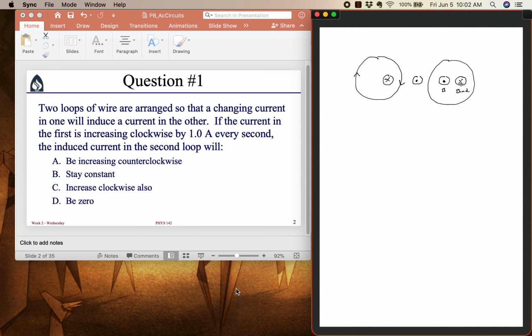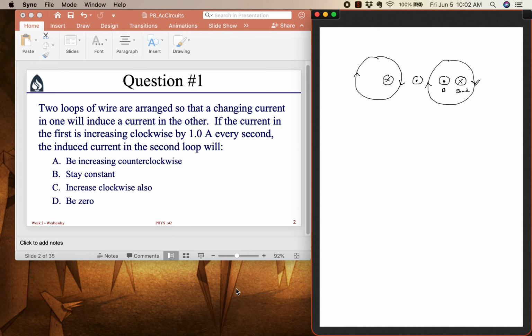And let's think about how we need to grab this second loop so that our fingers sweep downward inside the loop. So we would have to grab the edge of the loop so that our fingers sweep downward, mimicking this direction of the induced magnetic field, and we would find that we have also a clockwise current that is going around the loop.